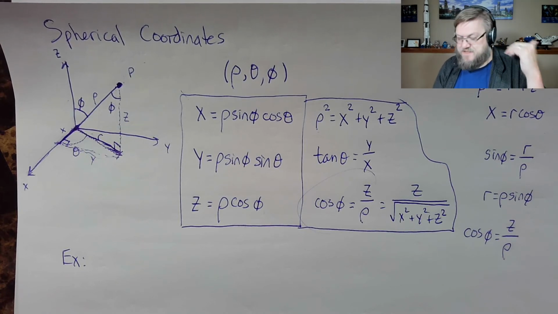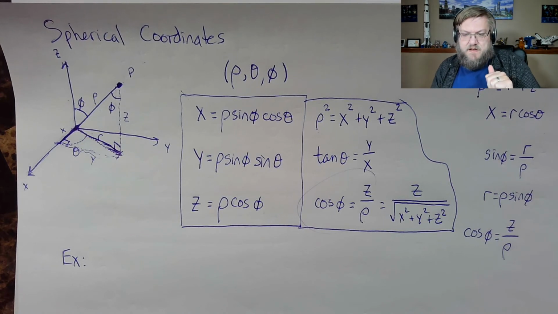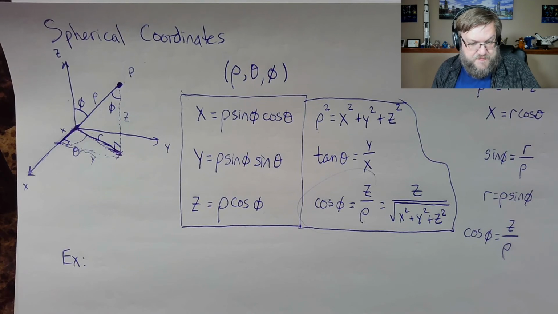But you don't have to go from spherical to cylindrical. In the real world, we just go through rectangular anyway. So we don't go directly, unless you're doing like a million problems in the real world. Usually that's good enough.